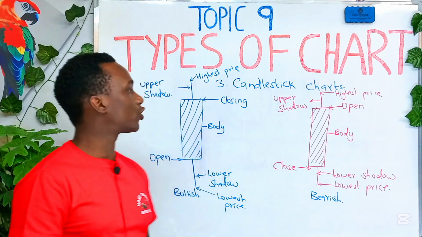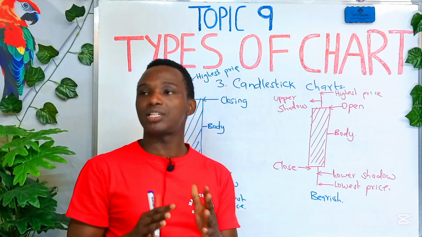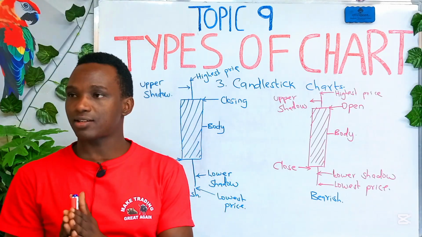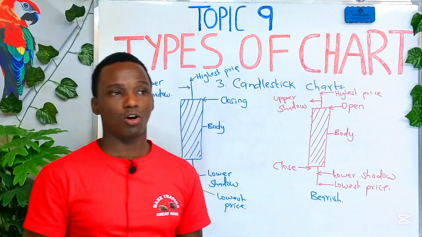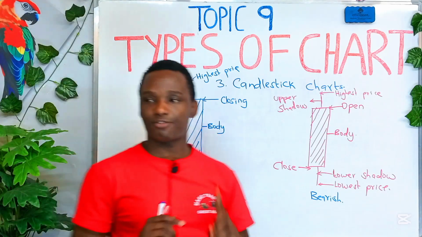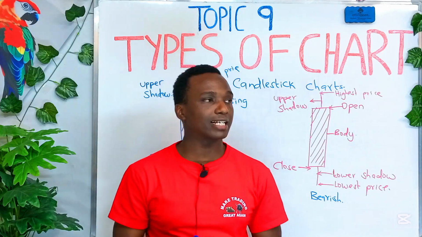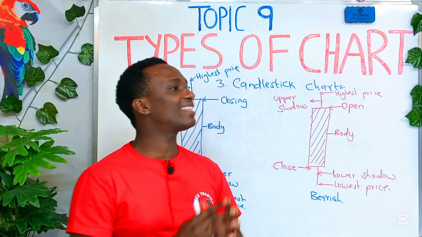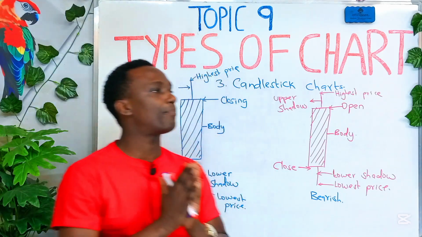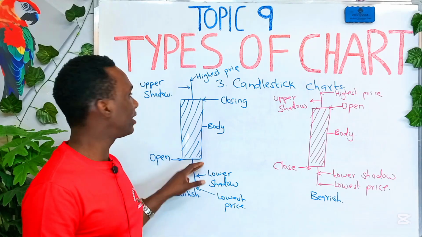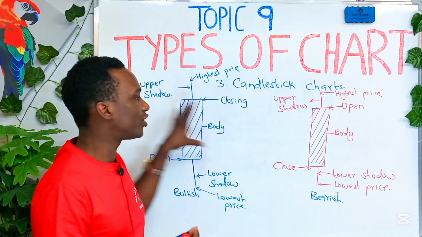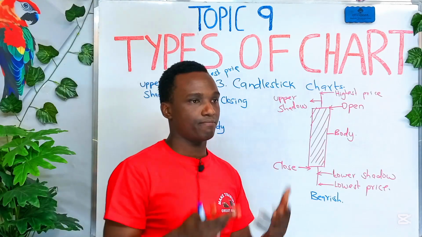We are now going to look at the advantages of using candlestick charts compared to line and bar charts. The first advantage of using candlestick charts is that they are very easy to interpret. Look at this. You see a green bar, you know it's bullish. A red bar, you know it's bearish.